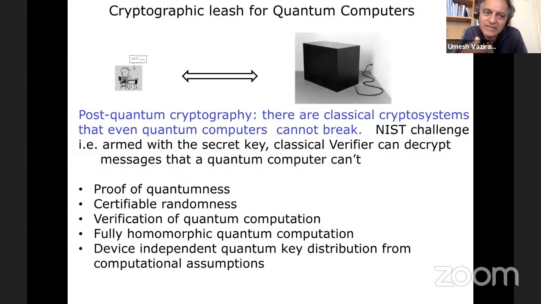In this sense, post-quantum cryptography provides a kind of leash on the quantum computer that restricts the sorts of things it can do, without actually restricting the quantum capabilities of the quantum computer. So what are the sorts of results that you can obtain through this?